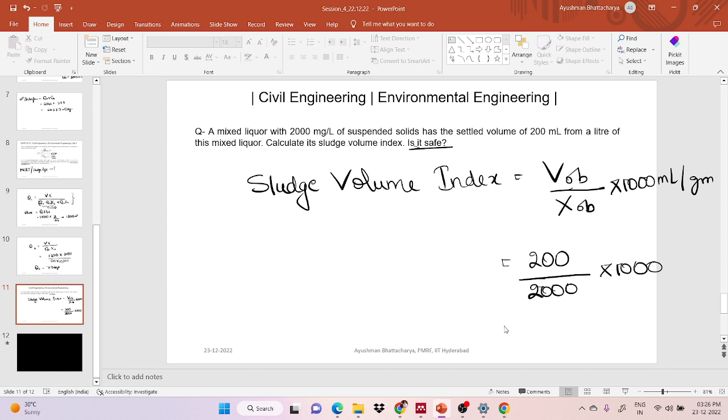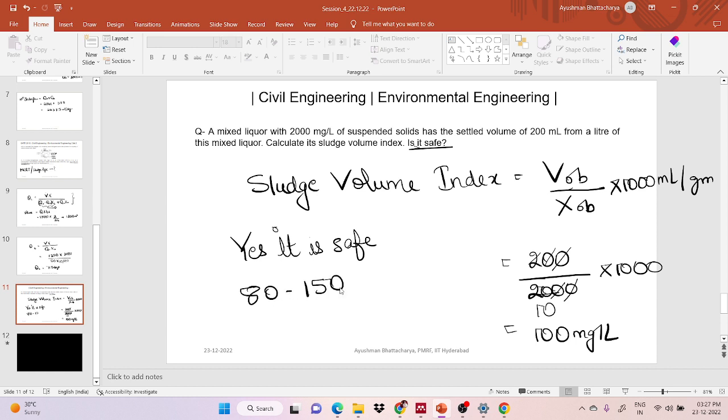So here you will get around 100 milliliter per gram. So the next question, is it safe? Yes, it is safe. Reason being, the value of SVI ranges from 80 to 150 milliliter per gram. Since it is within this range, yes, it is safe.